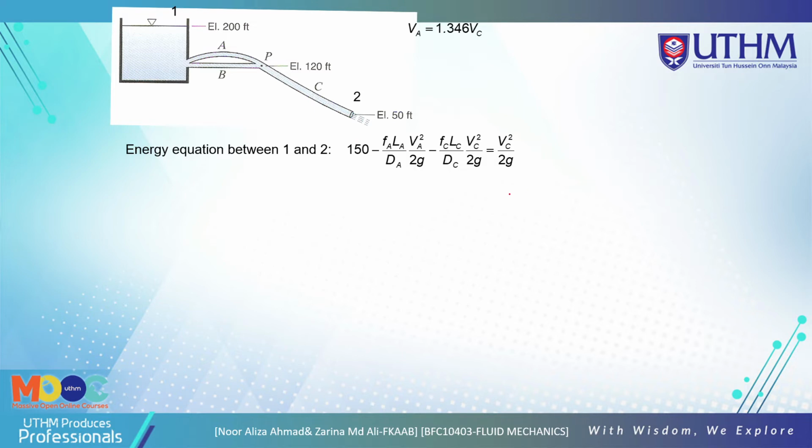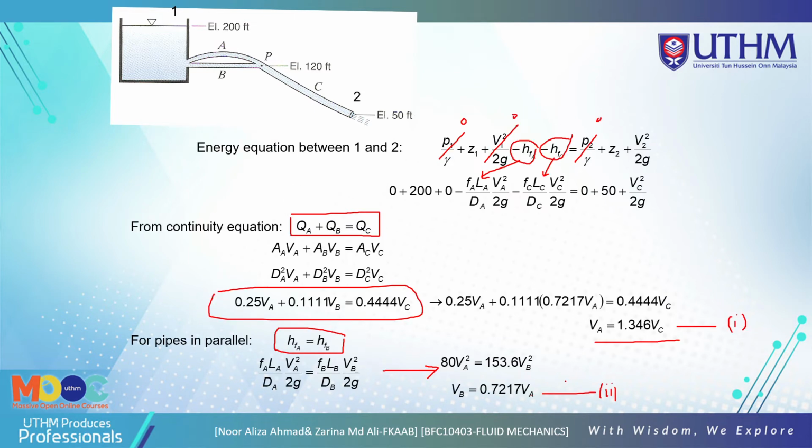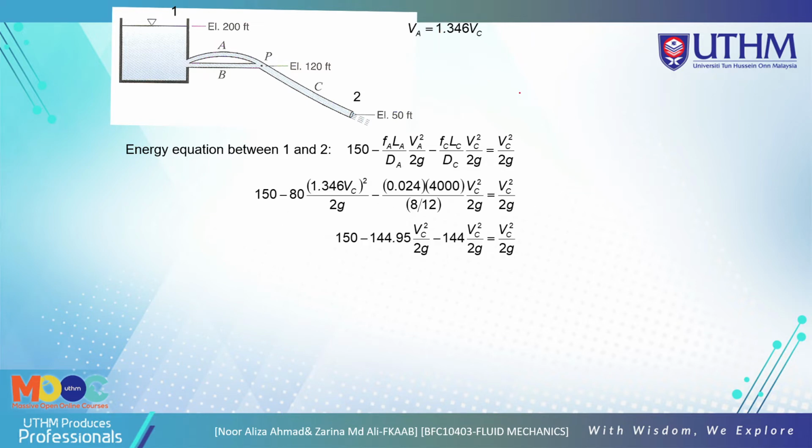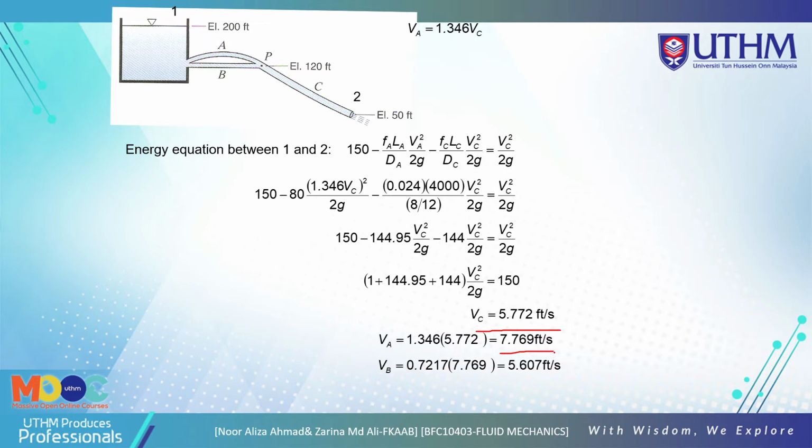So you get this formula, and just put the values that you found: VA in terms of VC, and VB in terms of VA. Then you get VC is 5.772 feet per second. Then you get the VA in terms of VC, and you get the VB in terms of VA for this value.